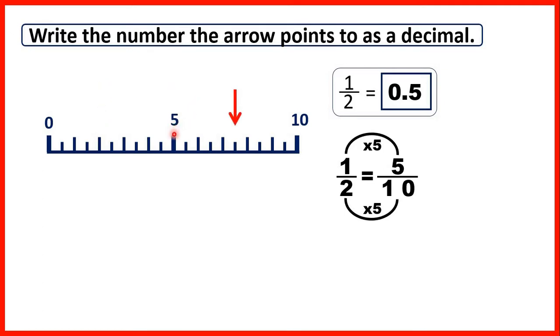But here we have 5, 6, 7 and a half, so that's 7.5, because 1/2 as a decimal is 0.5. And now we have 5, 6, 7, 8, 9 and a half, so that's 9.5.